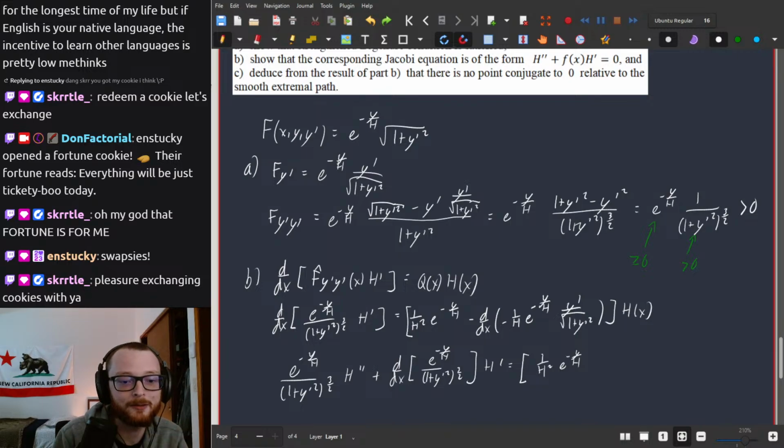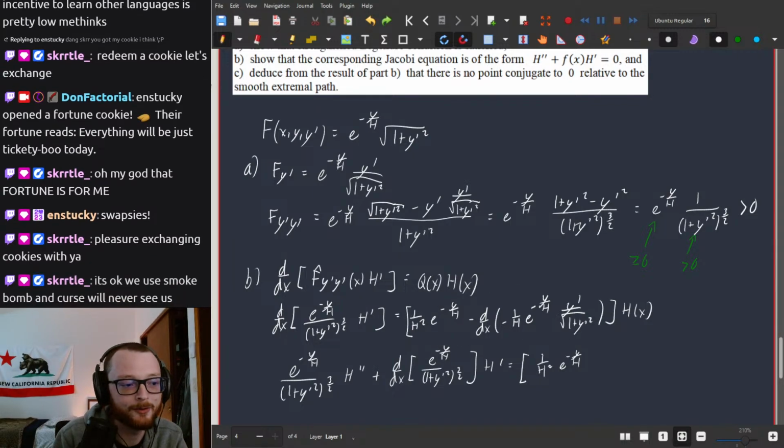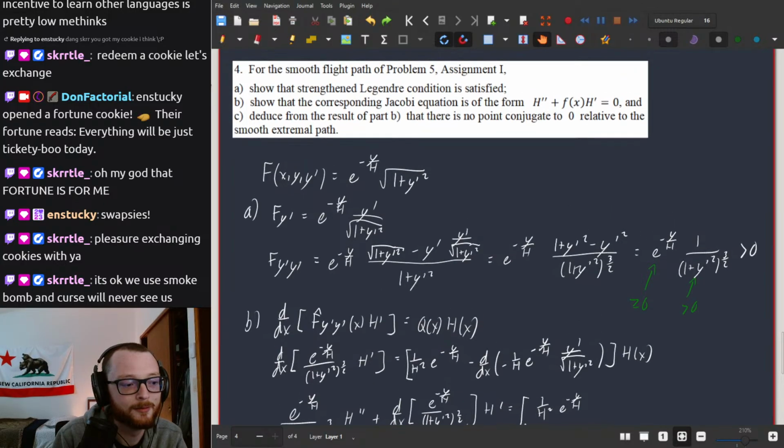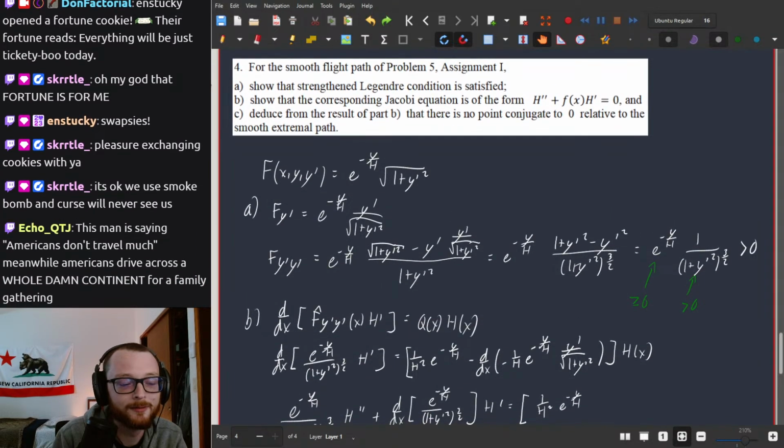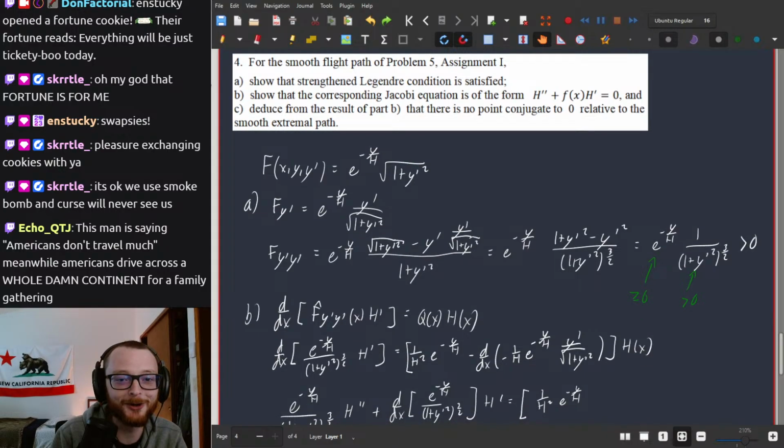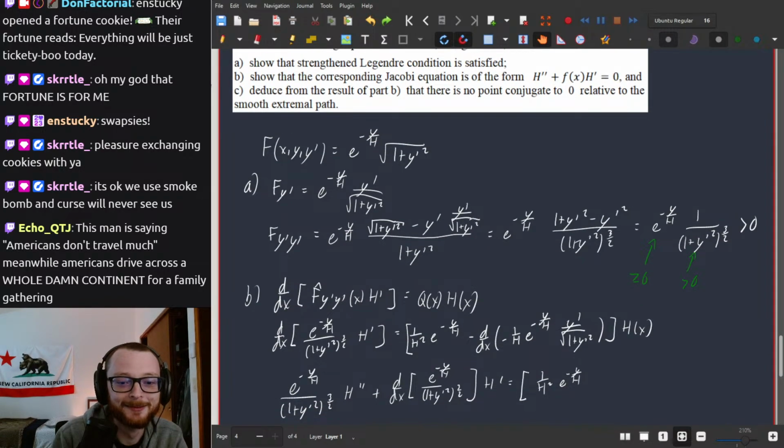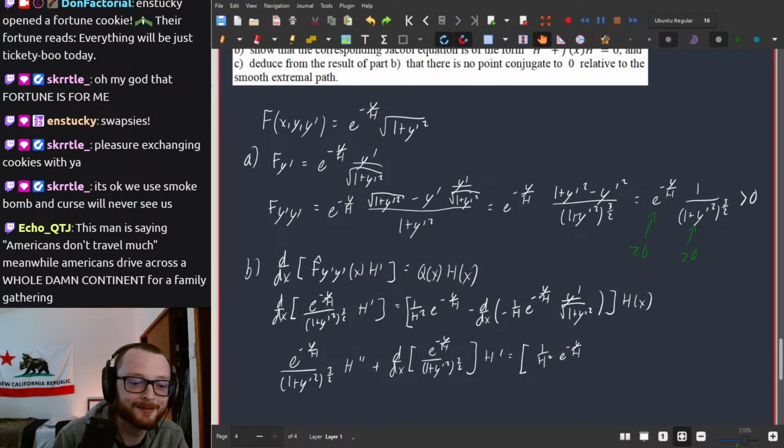How is this, like? This apparently is going to equal 0. Do smoke bombs work for curses? Okay. Okay, can I make this Wolfram Alpha's problem? That would be great.